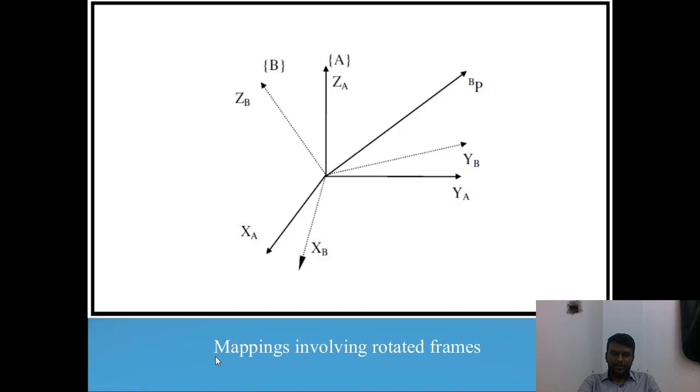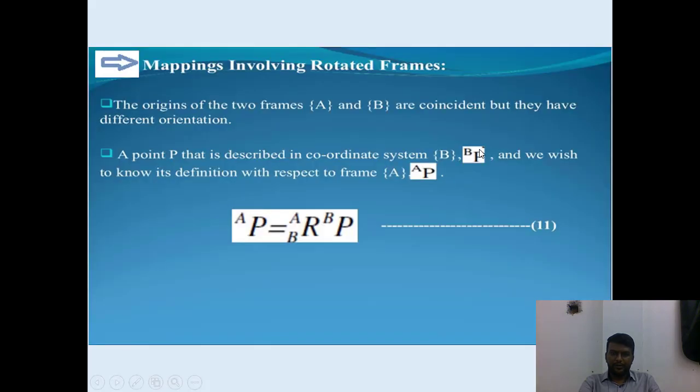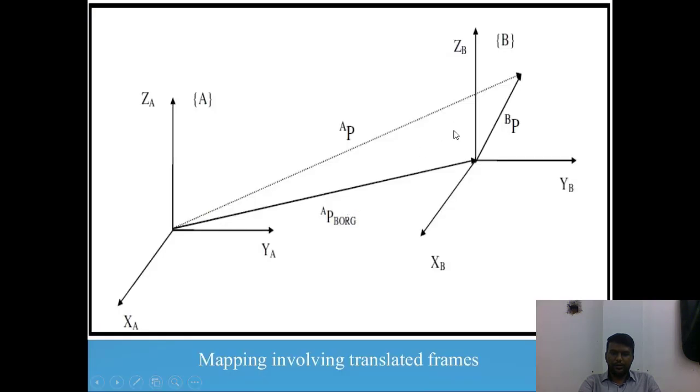If there is a rotating frame that involves rotation between frames, earlier in this frame there was rotation as well as translation. See here, there is a rotation and the translation. If there is only rotation, as in this one, see here, this only involves the rotation. This one has both translation as well as rotation.